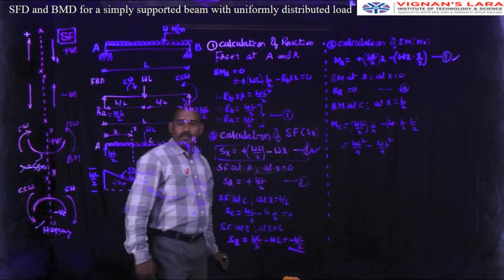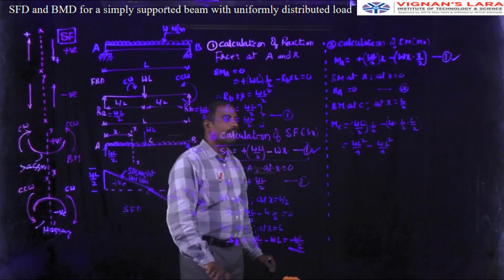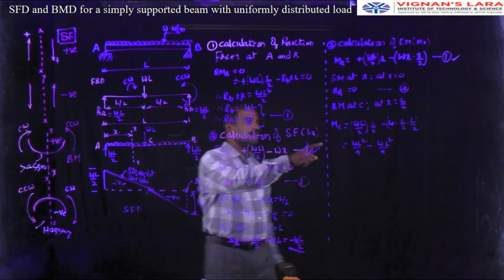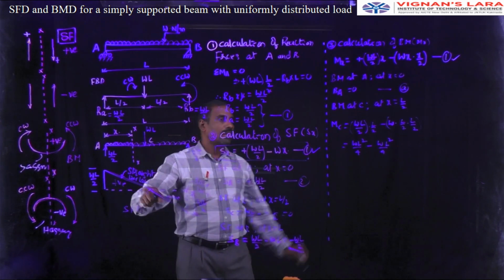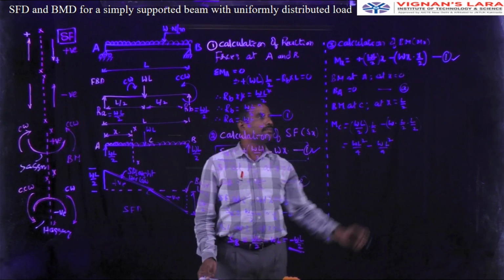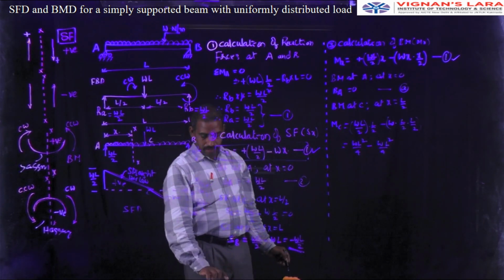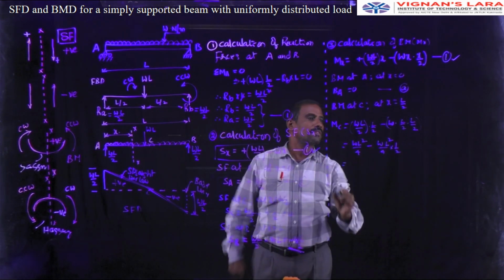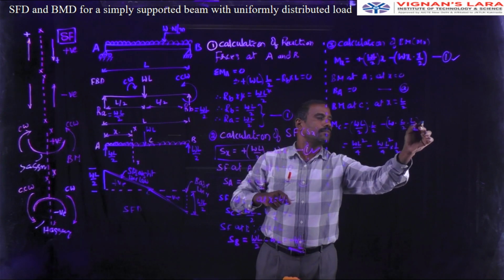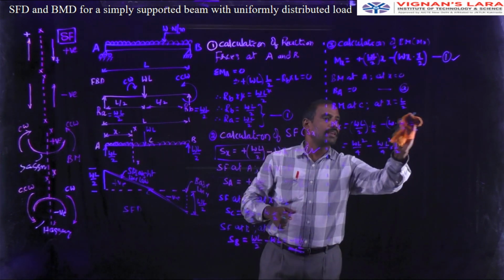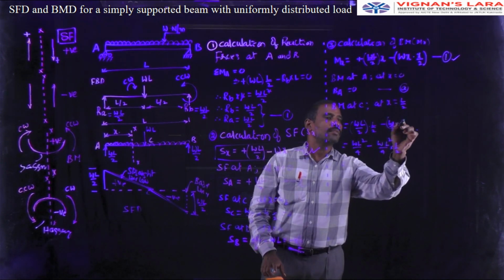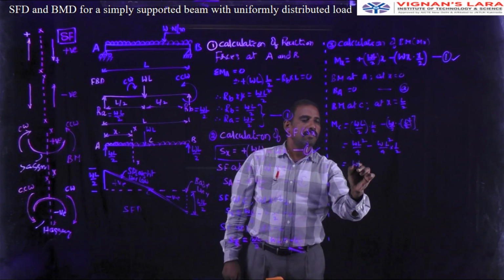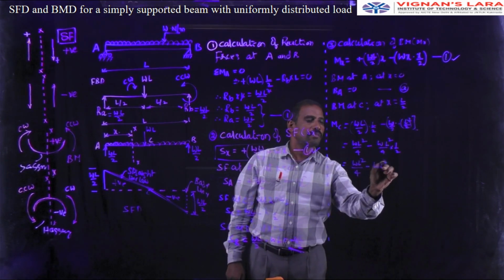What about this value at section xx? At x is equal to L by 2, the first term is simply WL by 2 into L by 2. The second term is W into x into x by 2, with x equal to L by 2, so that is W by 2 into x square, which becomes W by 2 into L square by 4. So that is the final value, WL square by 4 minus WL square by 8.